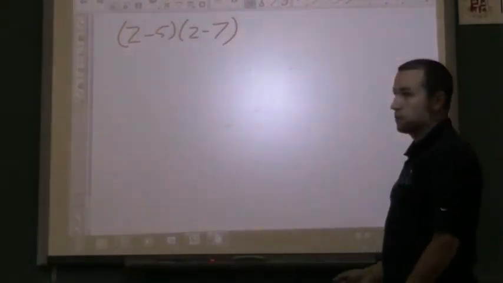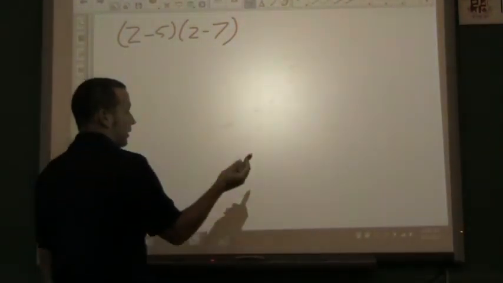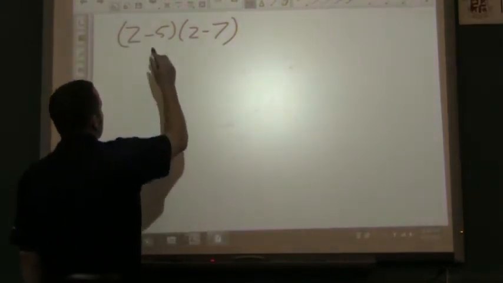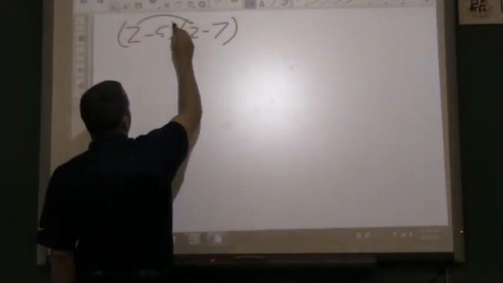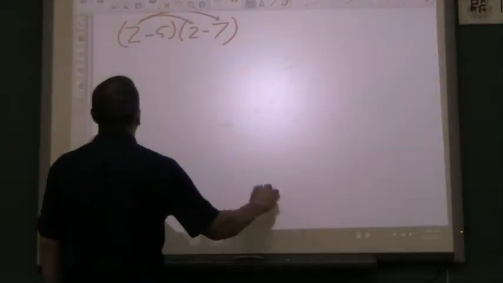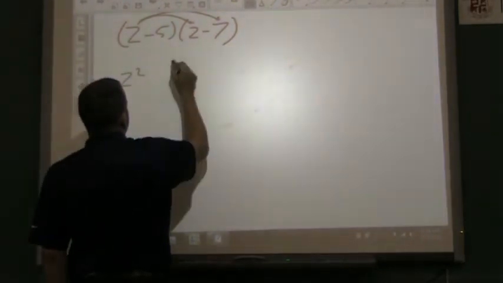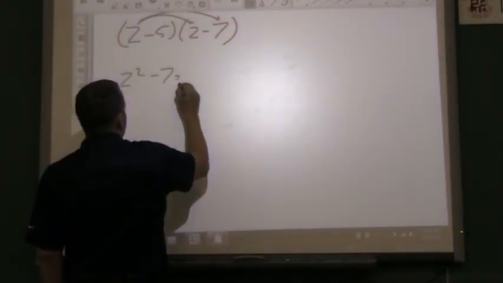So I want to check to see whether it's right or not. So what I do is multiply it out, same as we were doing before. So I take the first term and multiply it by each of the terms in the second bracket. So I get z times z, which is z squared. z times negative 7, which gives me negative 7z.